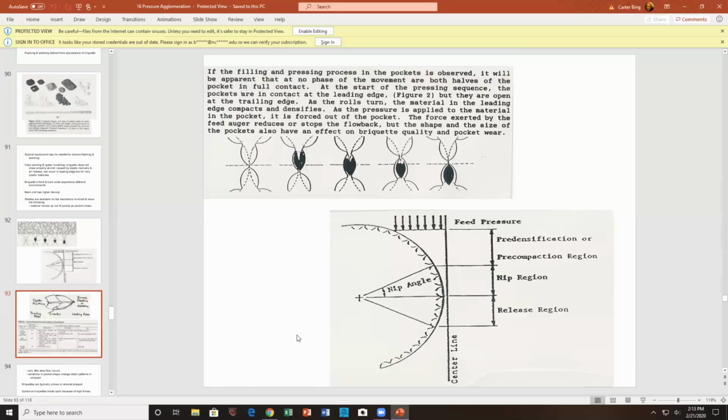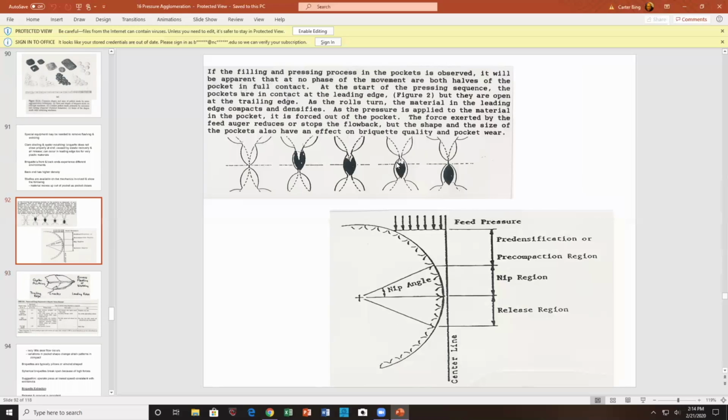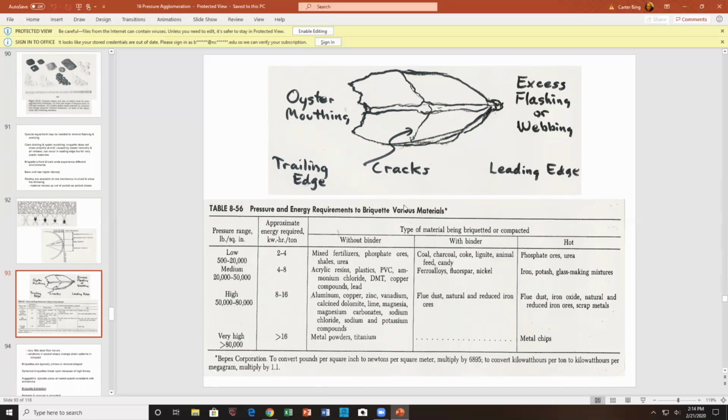You have oyster mouthing going on. You could potentially have cracks. You can also have webbing. This is the front edge. This is the leading edge. And this is the briquette right here.